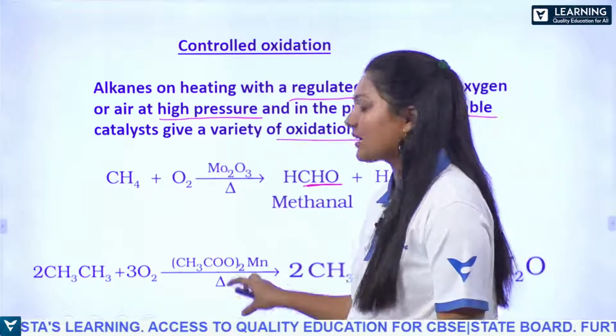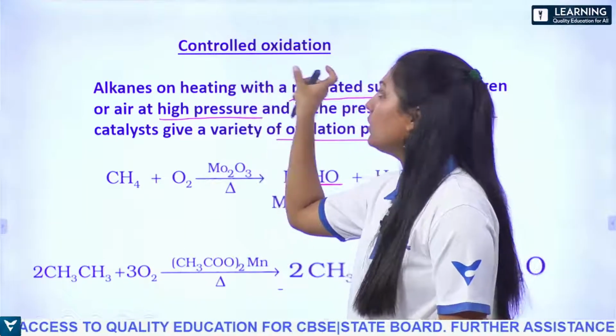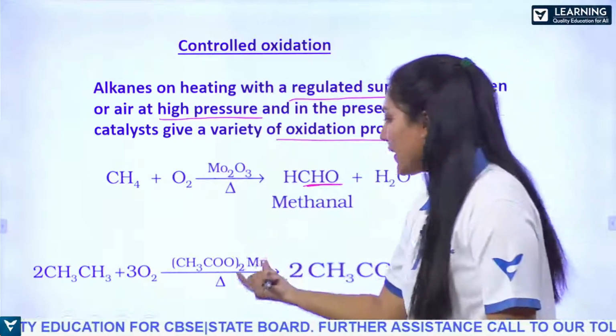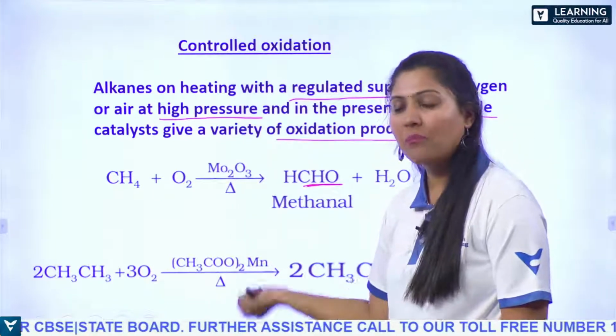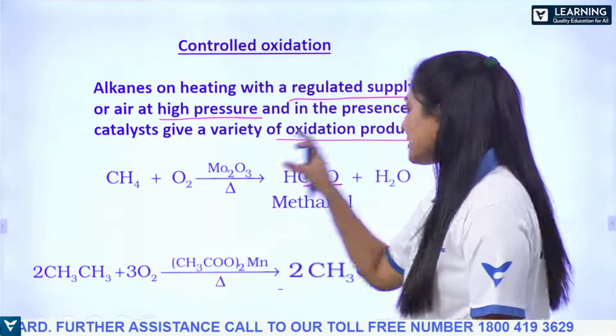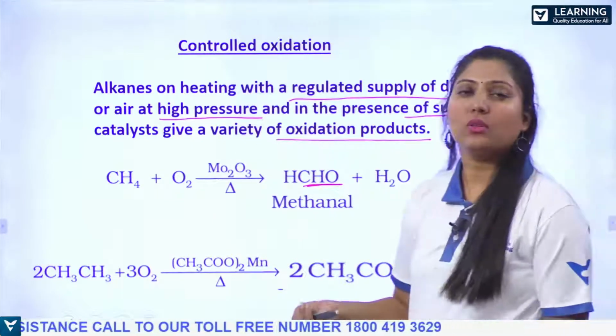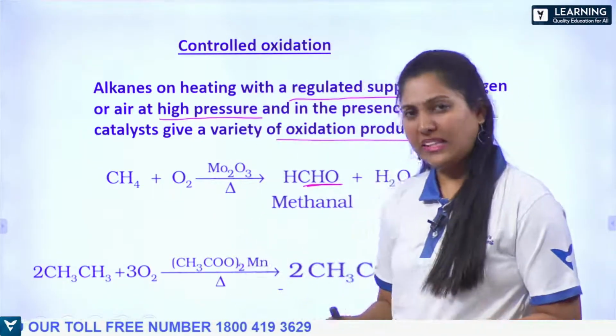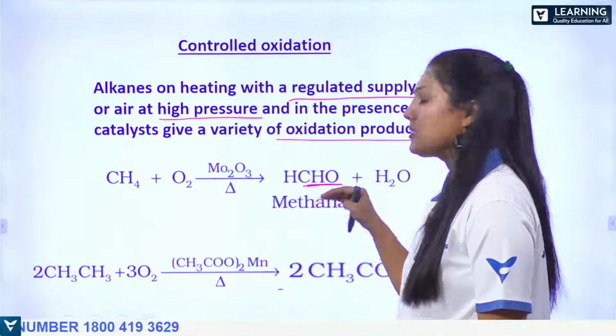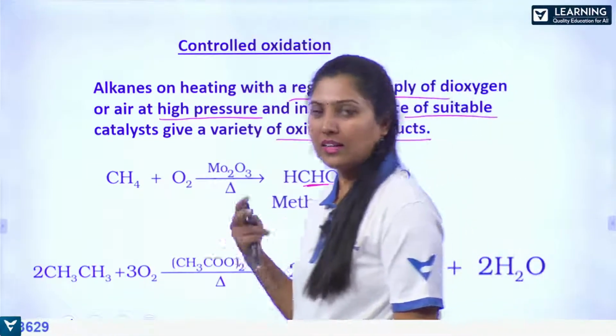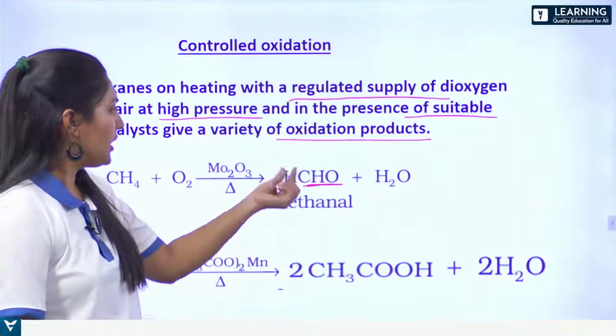So this is an example where controlled oxidation is taking place. We have a certain catalyst and temperature in the presence of oxygen such that they are not completely converted into carbon dioxide. Instead, they are converted into some other oxide, like where we have only one oxygen present.